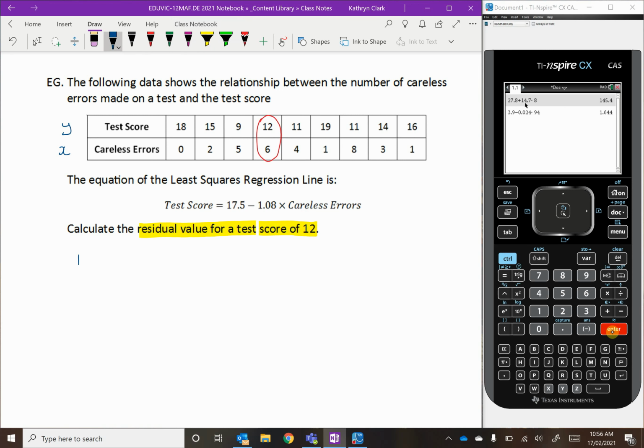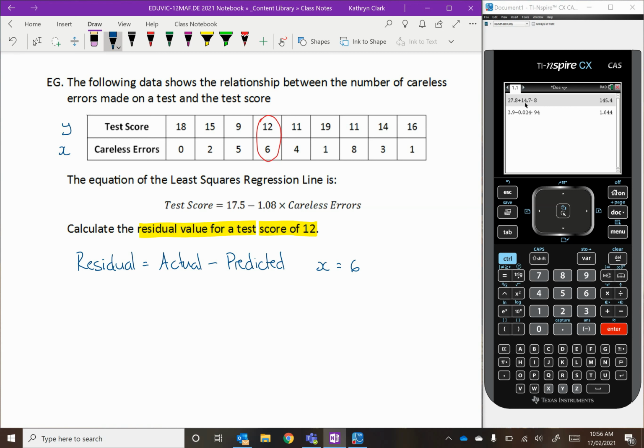So our residual is equal to the actual minus the predicted score. And it's that when x equals 6.